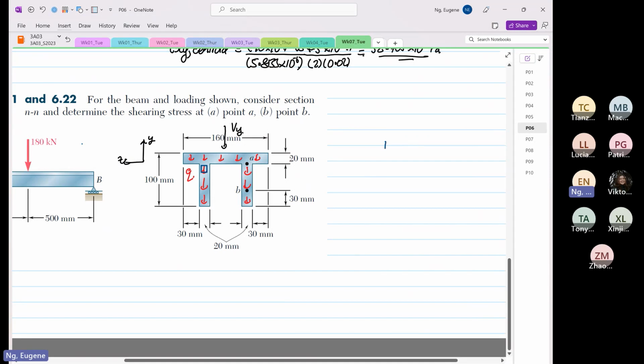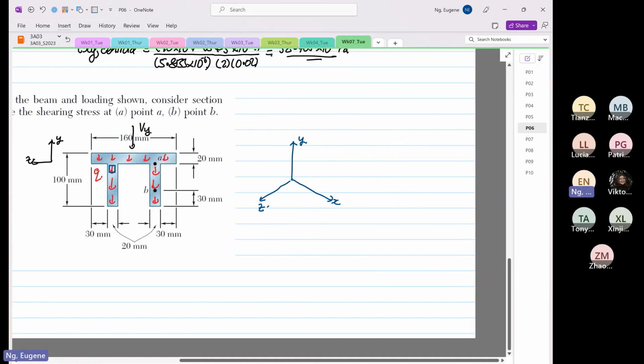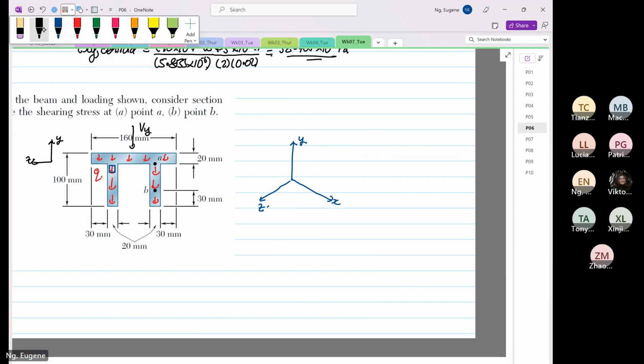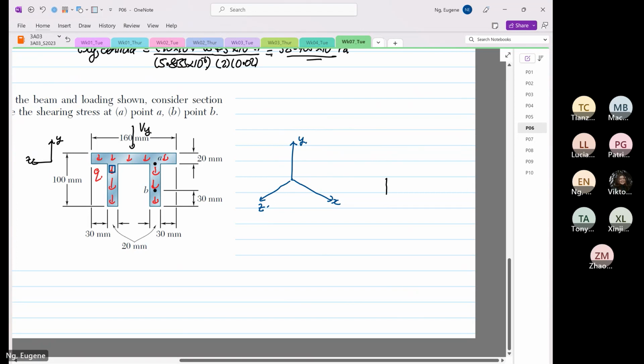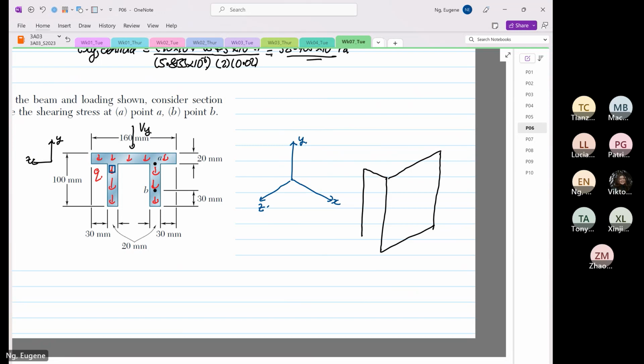So this is Y, this is X, and over here, this is our Z. If I were to put in our element now, it will look like this. This is how our element will look in 3D.